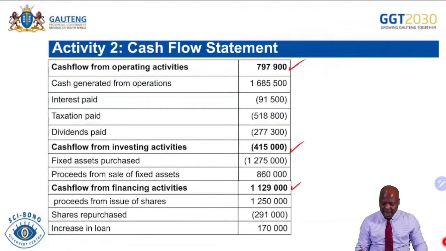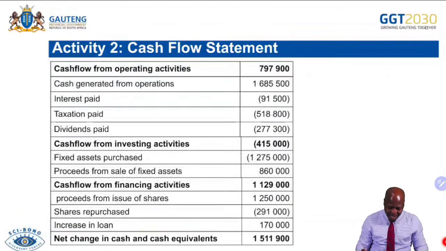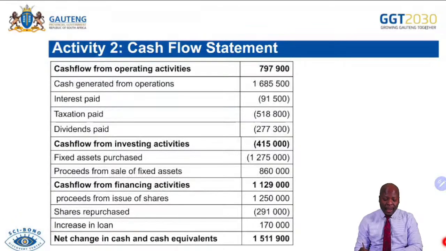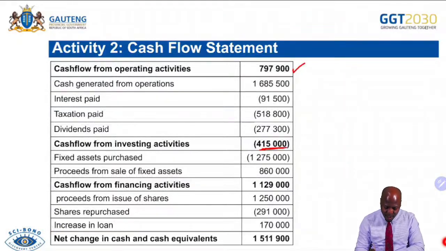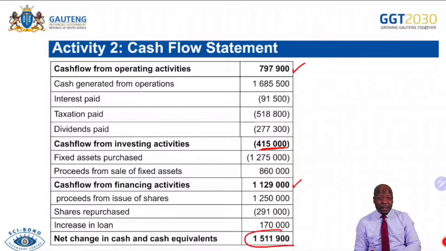So now we need to get the net change in cash and cash equivalents. To get that, please grab your calculator. You will now say 797,900, remember it's a positive figure, minus 415,000 plus 1,129,000. That is how you get your net change in cash and cash equivalents.